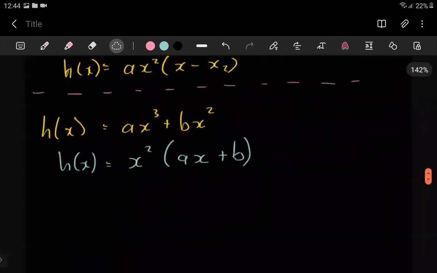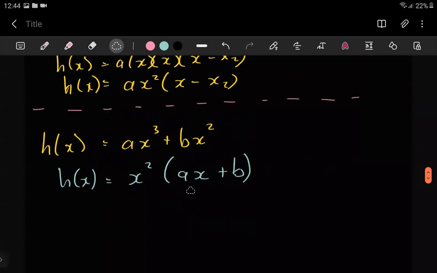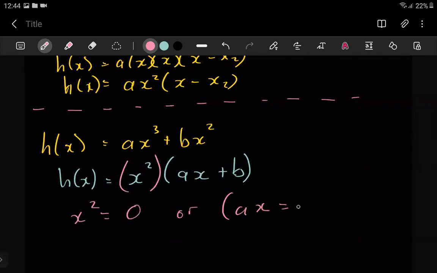And then what we said is, whatever we're going to do, let us just factorize first. So we factorize by saying h of x is equal to x squared, and then this bracket. As long as this is factorized, we can say that the first bracket equals 0, or the second bracket equals 0.